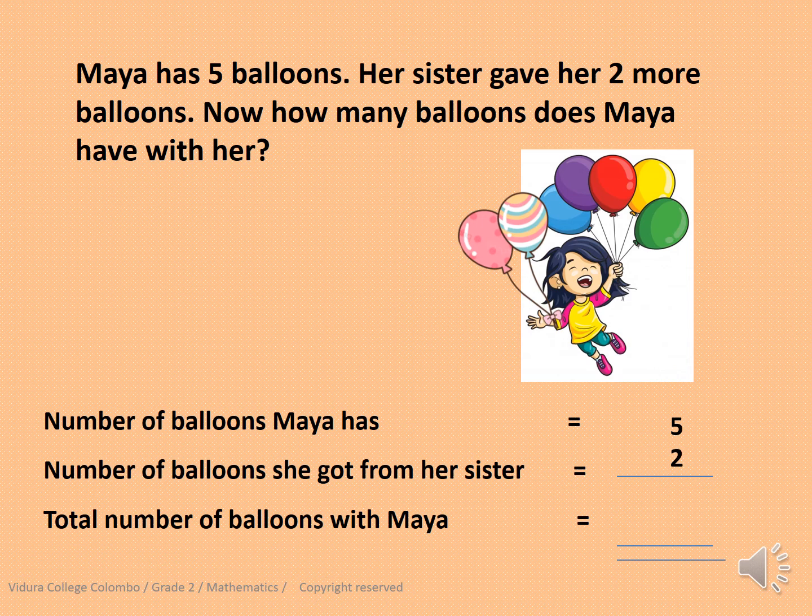Next one. Total number of balloons with Maya. How many balloons are there with Maya now? We should add. So what is the answer? 5 and 2? 7. 7 balloons. Good.